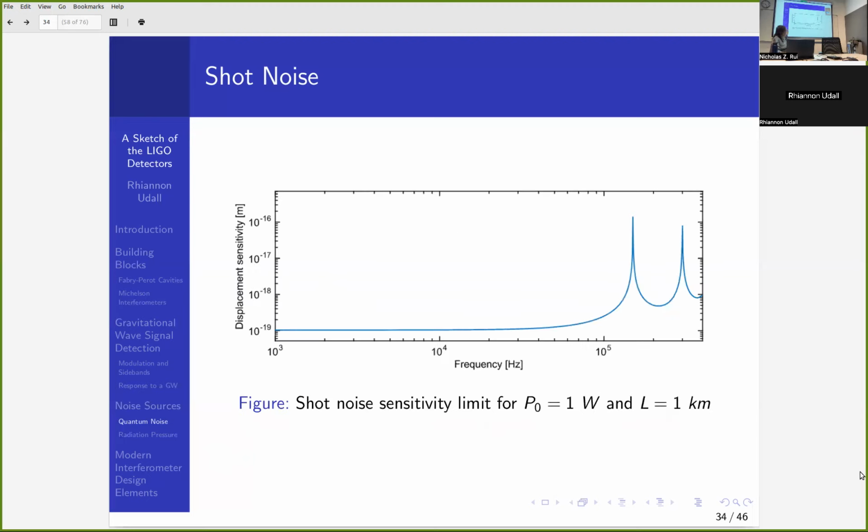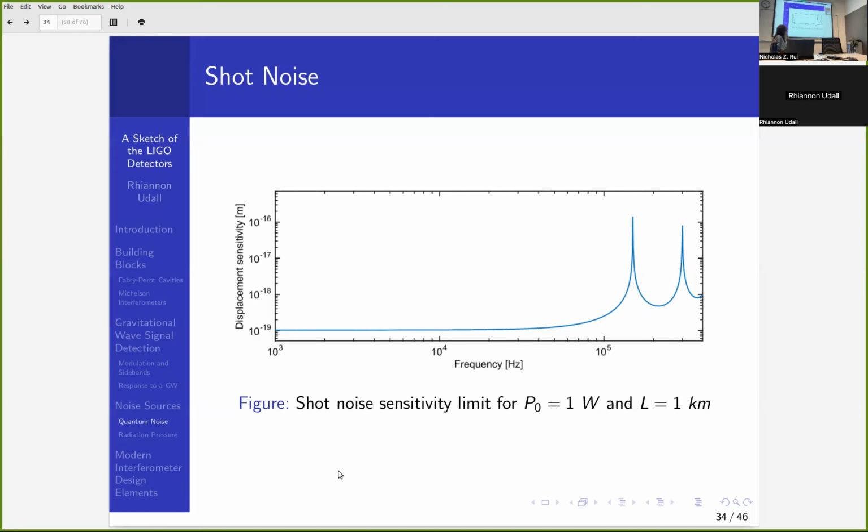Let's look at what that looks like here. I don't know why I did a 1 kilometer arm detector, but anyway, this is the bit where you have omega GW over sine omega GW with some other stuff. This is the free spectral range, and these don't particularly matter for LIGO, but they would matter for Einstein Telescope or Cosmic Explorer, and there are proposals that you could mess with them.